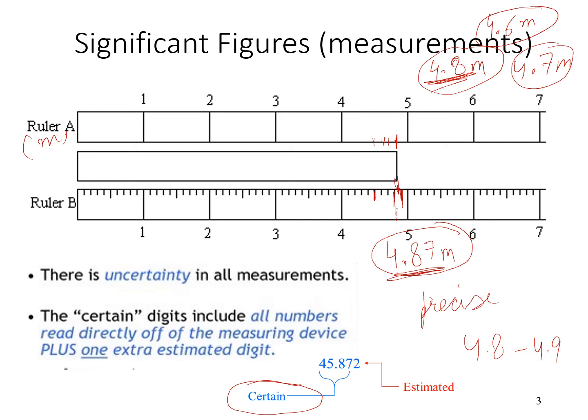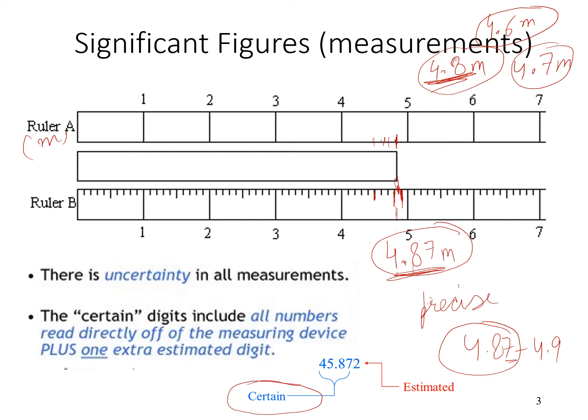Now, whenever you write your certain digits, you add one more extra digit which is estimated, which you are uncertain of. Based on this ruler, let's say I give it 4.87. So this is the number of sig figs that this particular measurement device will give you. That's how you decide how many sig figs a measurement device can give you.